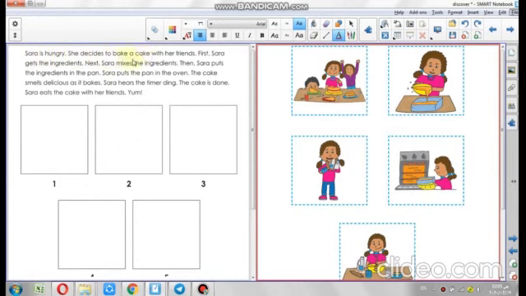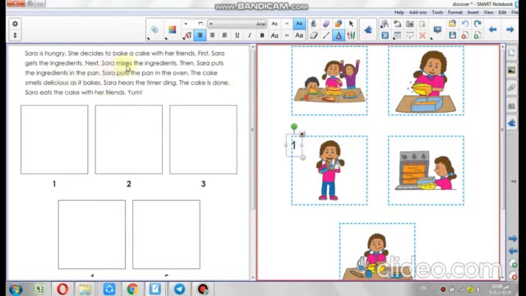She decided to bake a cake with her friends. First, Sarah gets these ingredients. Look at this picture. Sarah gets these ingredients. So this is number 1.